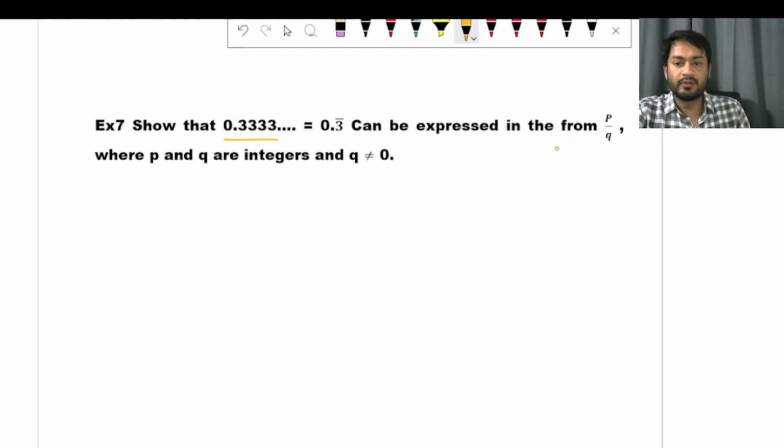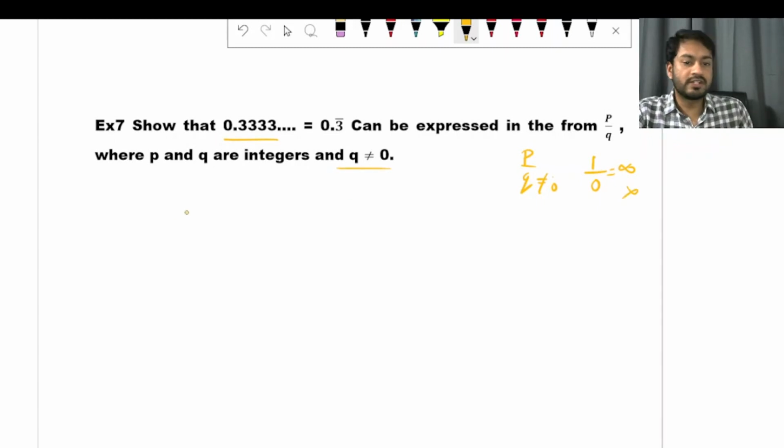I already told you in the previous video, if you have seen my video, where I explained all the numbers: natural numbers, real numbers, irrational numbers, integers. I also told you that in a rational number we can write P upon Q, but Q should not be equal to 0, because if P is 1 and Q is 0, then 1 upon 0 is not defined. That is why they have mentioned that Q is not equal to 0.